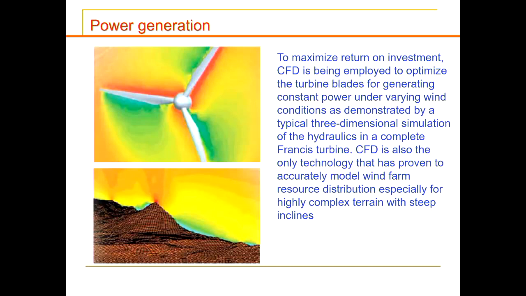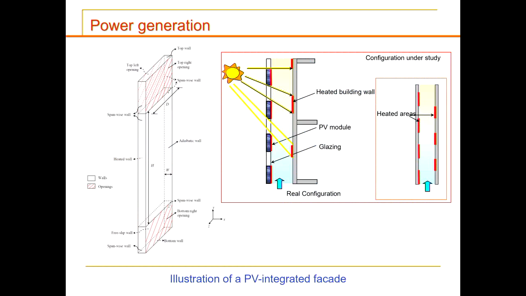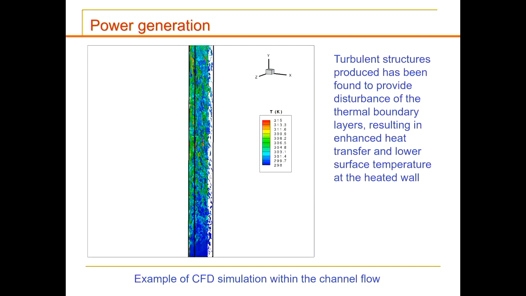And this was work where we looked at the effectiveness of placing solar panels against the wall of a building. It is important because we want to cool these solar panels passively, that means with no additional power or electricity to generate it. This is one of the works carried out by one of my PhD students.